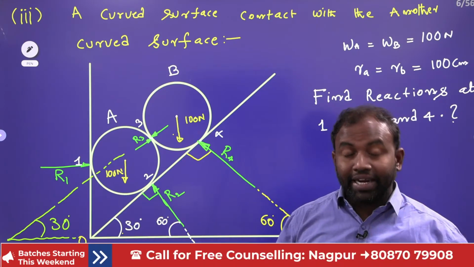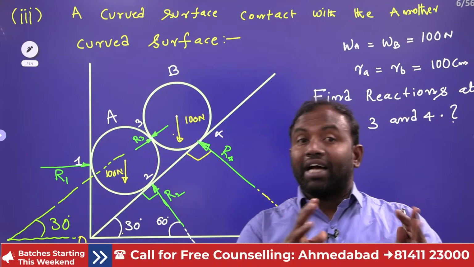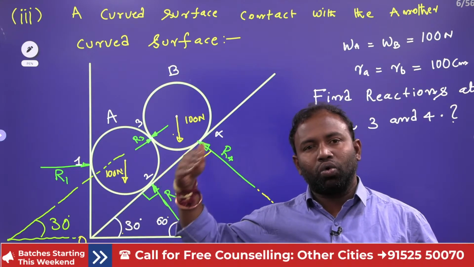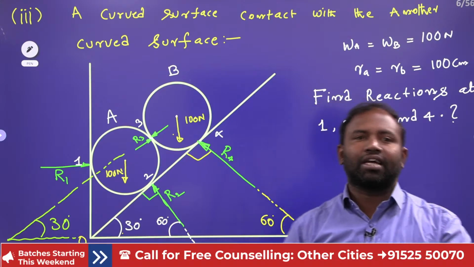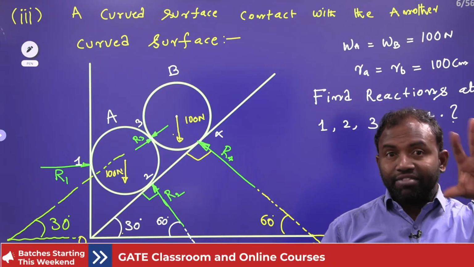In the GATE question, these kind of lengthy questions they won't ask. They ask for only one reaction out of R1, R2, R3, R4. Any one they may ask.